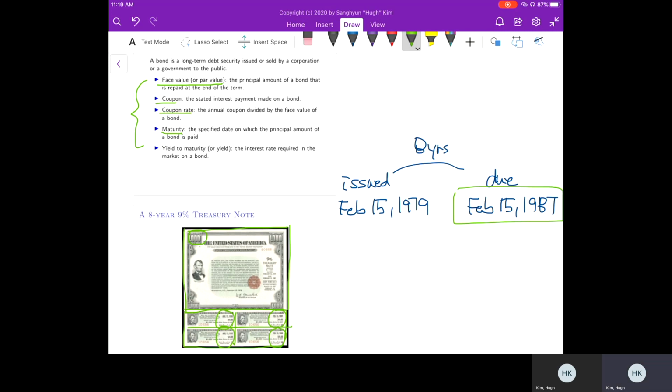And the coupon rate is the annual coupon divided by the face value of a bond. Here, the annual coupon is $90, so you receive 2 of those in a year. The face value is $1,000. The coupon rate is 9%. So this is an 8-year, 9% treasury note. And yield to maturity, or simply yield, is the interest rate required in the market for the bond.